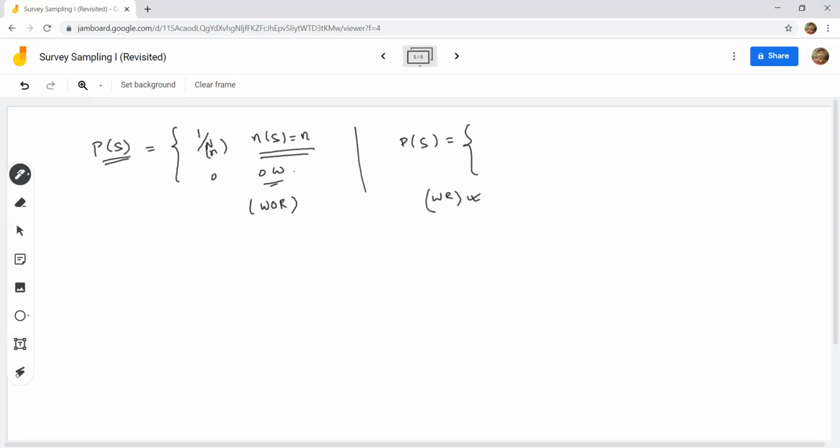So choosing with replacement, along the same lines, you are again dividing the population into subsets.